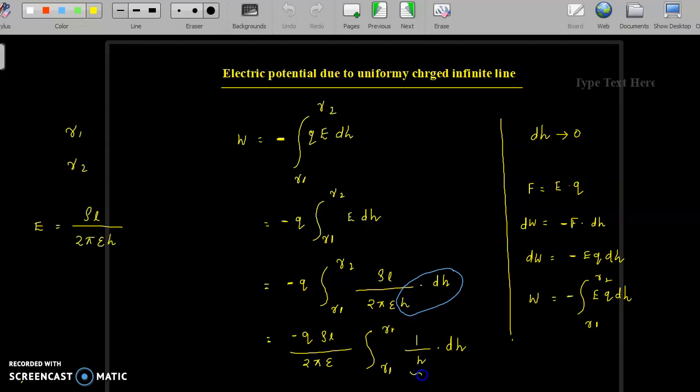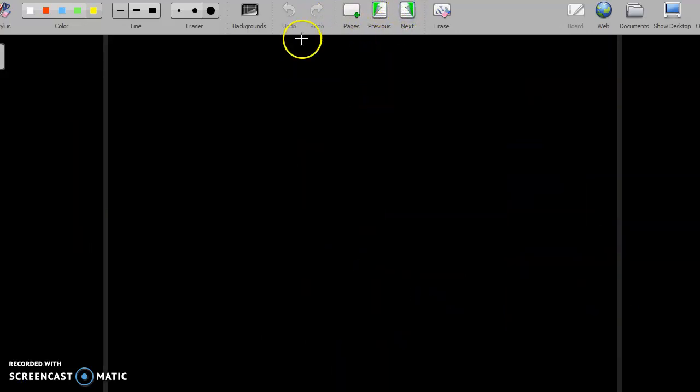When you integrate this 1 by h with respect to h, it becomes the natural log. So W becomes minus Q rho L over 2 pi epsilon, natural log of h, with upper and lower limits R2 and R1.